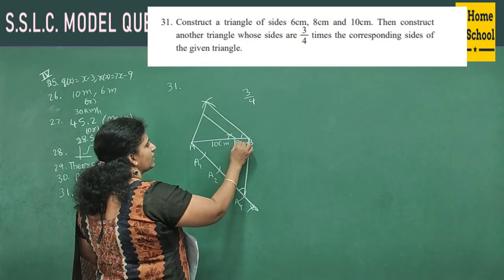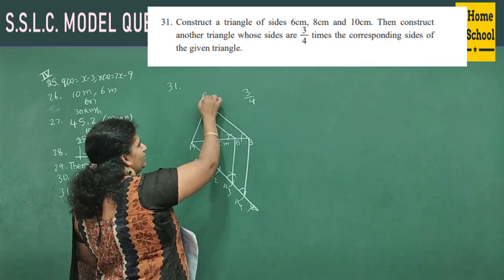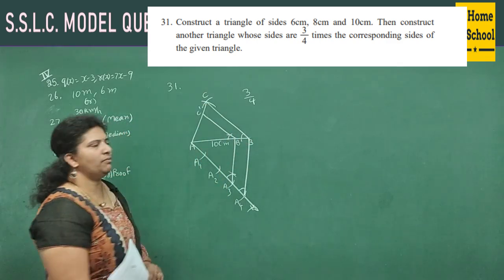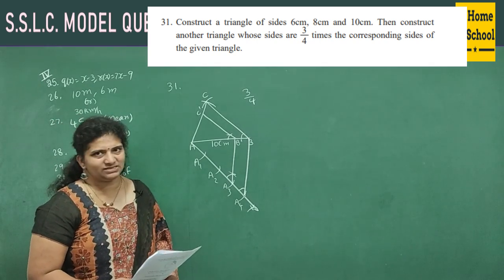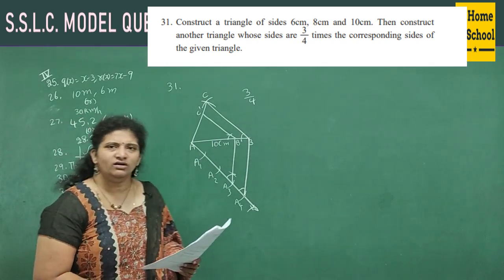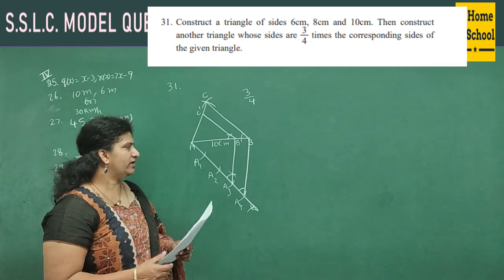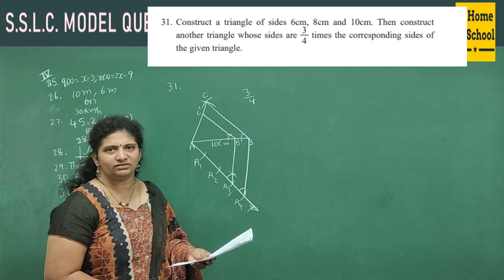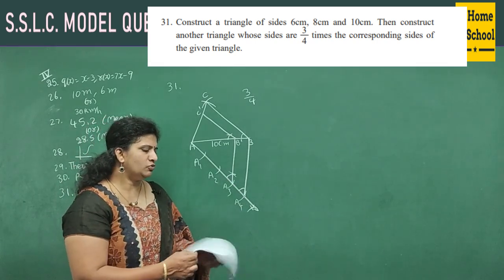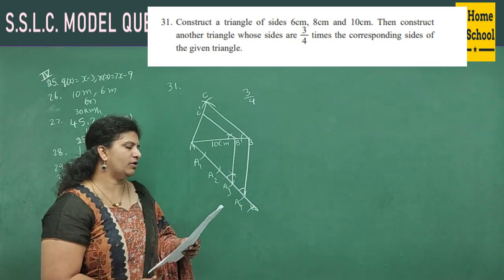So this is your new triangle. Mark this as A, B dash, C dash, similar to triangle ABC in the ratio 3:4. So given data, and 4 to 5 line steps if you want, you can write. Right? So let's move to the 32nd problem.